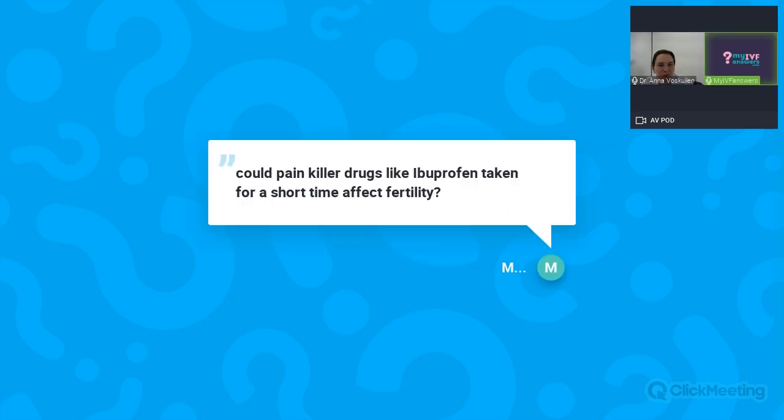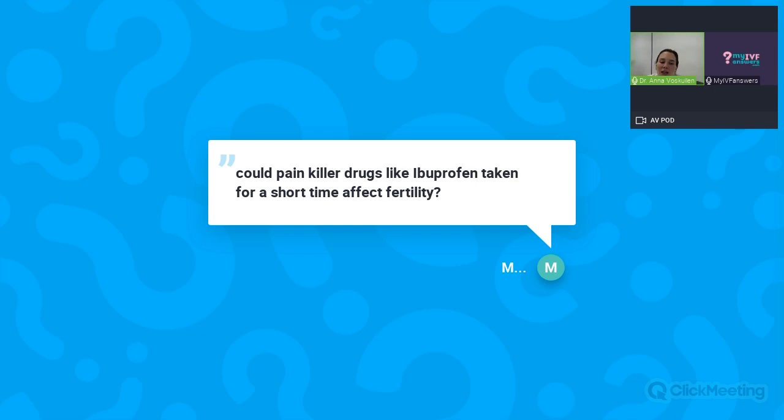Could a painkiller drug like ibuprofen taken for a short time affect fertility? So this is interesting, because sometimes it could have an impact on the ovulation. All the processes that take place in the ovulation and the endometrium need different metabolism and chemicals from the body to release this egg from the follicle.